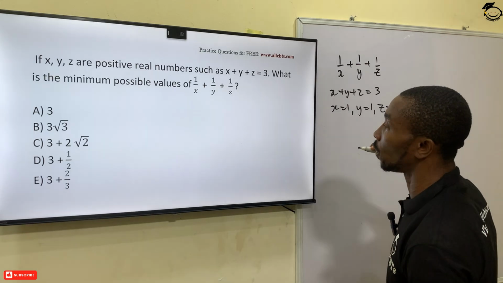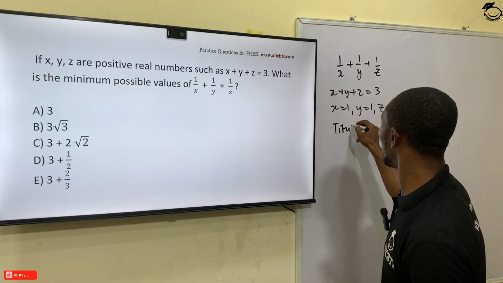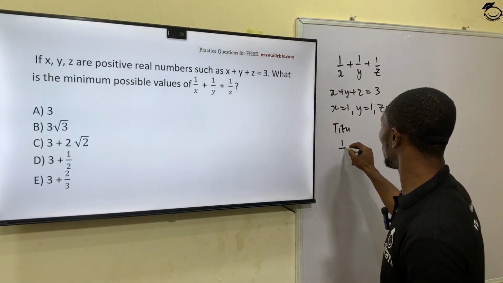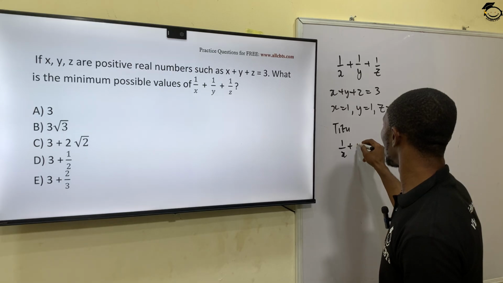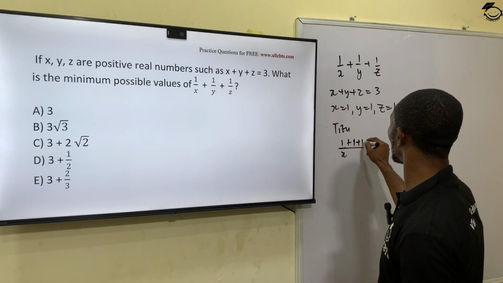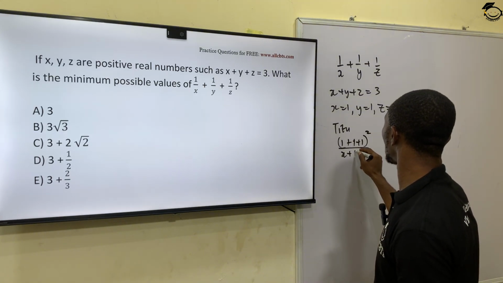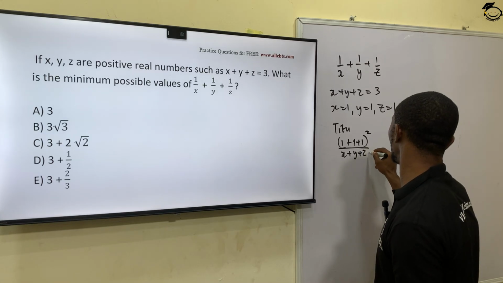Okay, now looking for the minimum possible value of this, we are going to use Titu's formula, which talks about (1 plus 1 plus 1) all raised to power 2 over x plus y plus z.